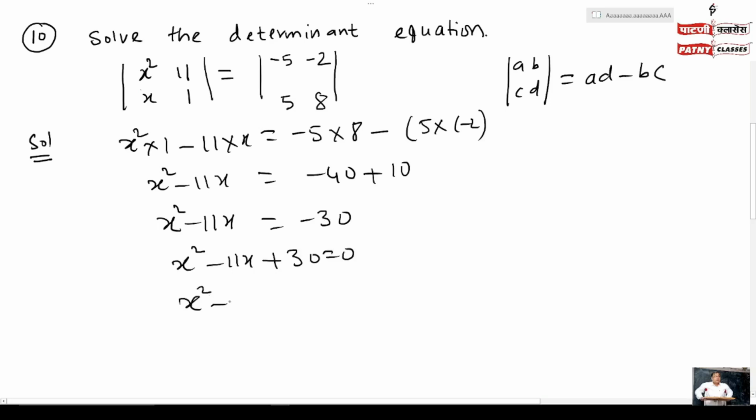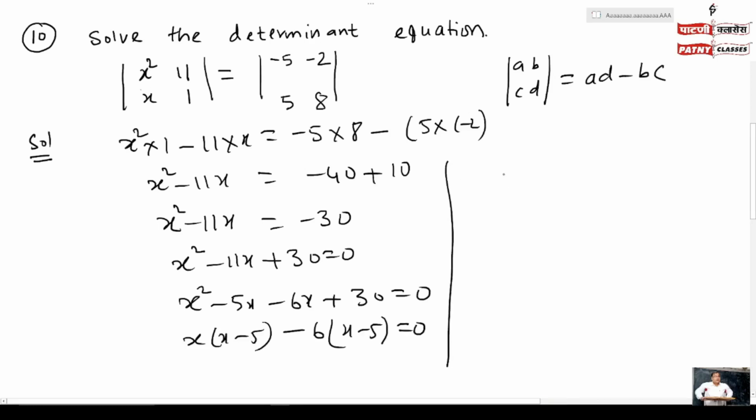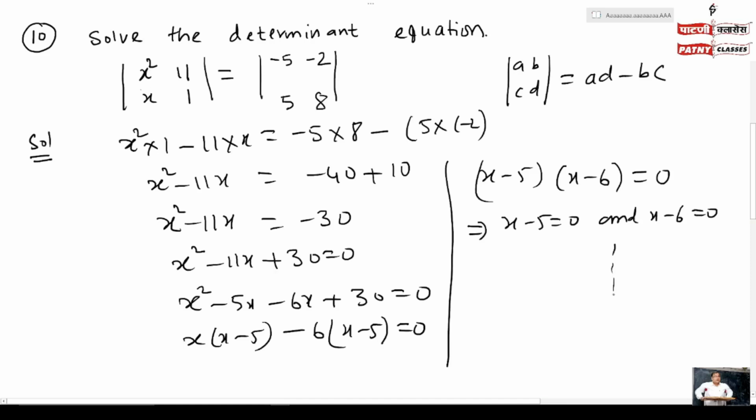Finding the factors: x square minus 5x minus 6x plus 30 equals 0. x common, x minus 5, minus 6, x minus 5 equals 0. Again, x minus 5, x minus 6 equals 0, which implies x minus 5 equals 0 and x minus 6 equals 0.